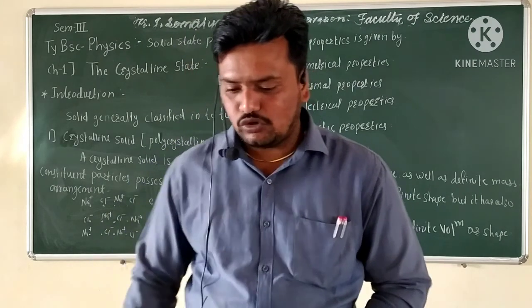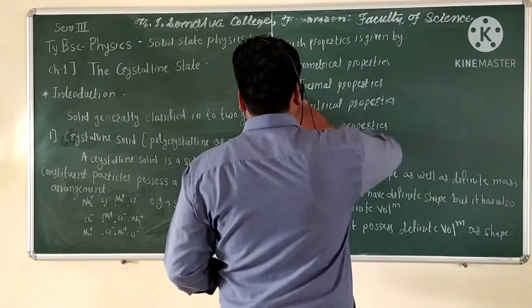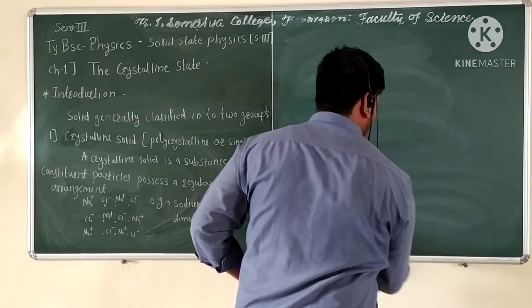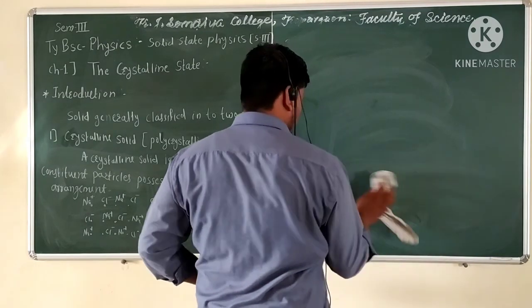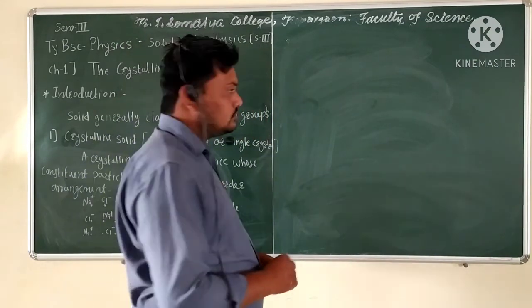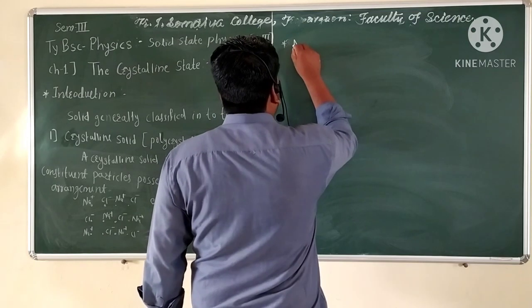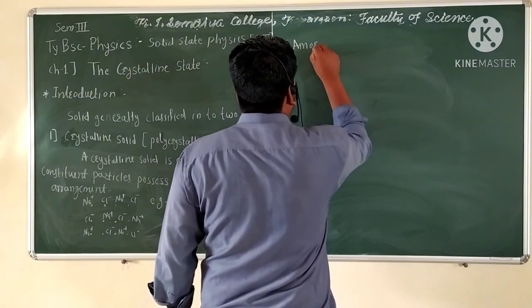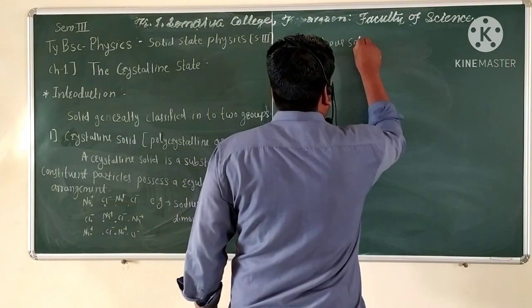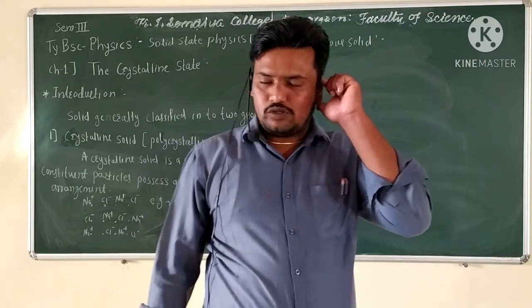The next type in the classification of solids is the amorphous solid. Generally, what is the idea of the amorphous solid?